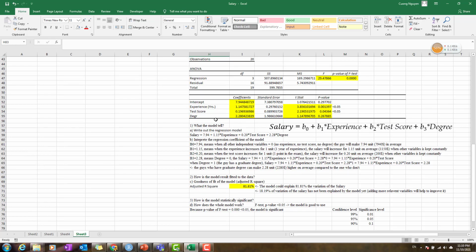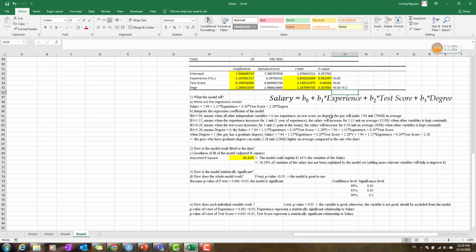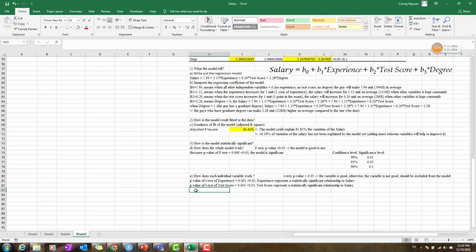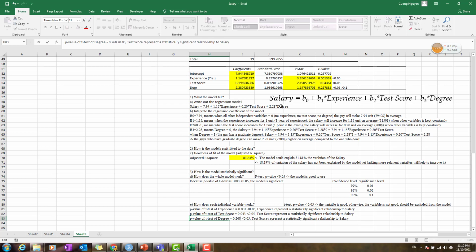Last one, check the decrease, even though it had a positive correlation coefficient. The coefficient in the regression model, the t statistic is not so high, and the p-value is larger than 0.05, and even larger than 0.1. So that means it's bad. The p-value of the decrease is around 26.8, right?